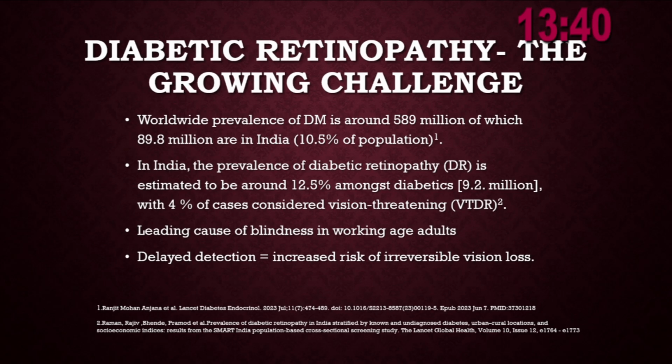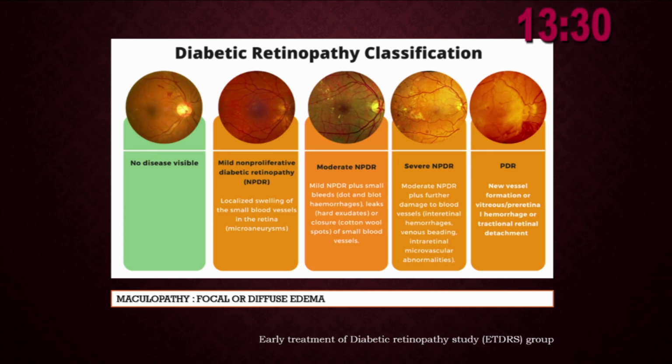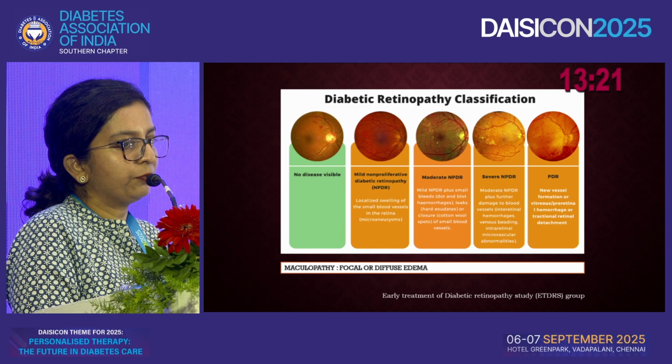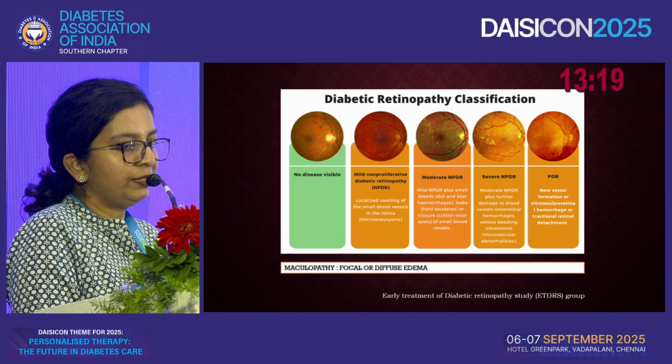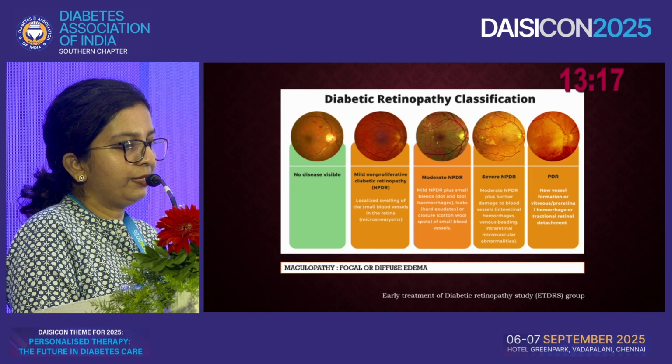So delayed detection is one of the main causes for irreversible vision loss in such patients, and imaging plays a crucial role in early diagnosis. I think we would all know, diabetic retinopathy is broadly classified as non-proliferative and proliferative. Non-proliferative is further classified into mild, moderate and severe based on the ETDRS study group criteria.